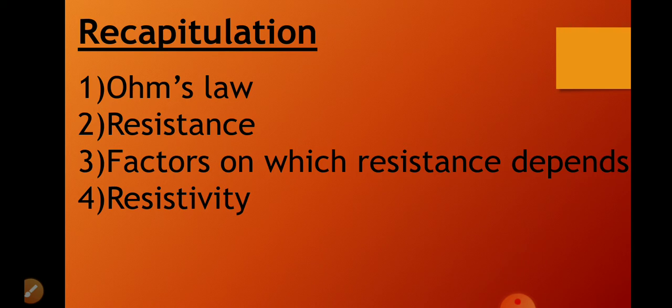Copper and aluminium, having very low resistivity, are generally used in electrical transmission lines. And tungsten, which you may have heard about, is used in the filament of an electric bulb. Next, alloys have resistivity more than that of copper and aluminium.